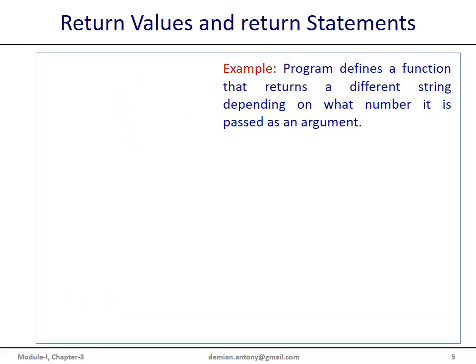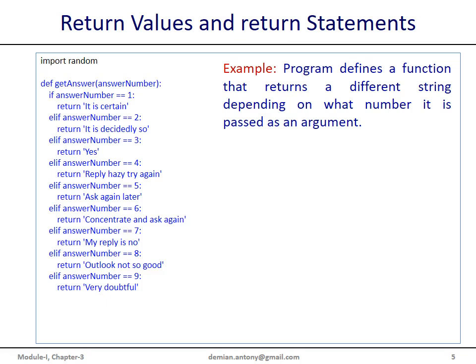As an example, let us define a function that returns a different string depending on the number that is passed to the function. We import the library random, and this is the function which takes the parameter answerNumber.